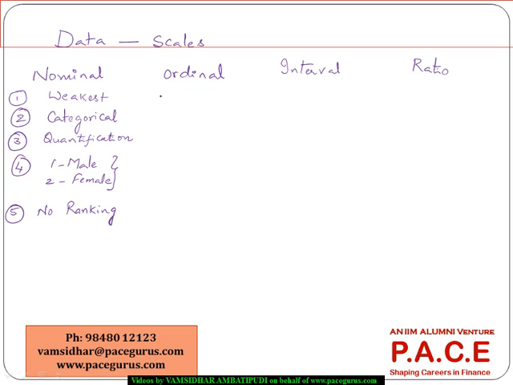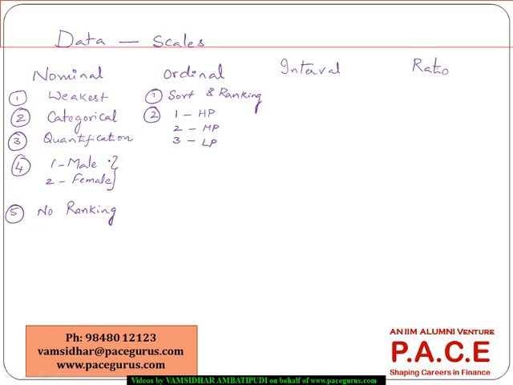But when I move slightly towards an ordinal scale, here I am talking about sorting the data as well as ranking it. So probably if I say 1 is high performing, 2 is medium or moderate performing, 3 is low performing, then here the 1, 2, 3s, whatever I have given, there is an order to it, there is a ranking to it.